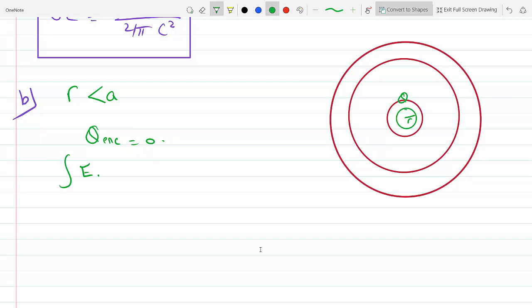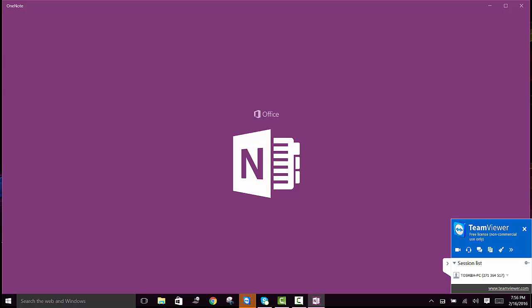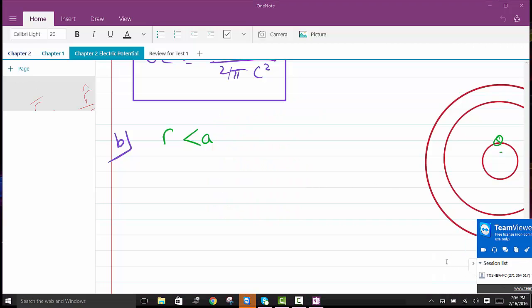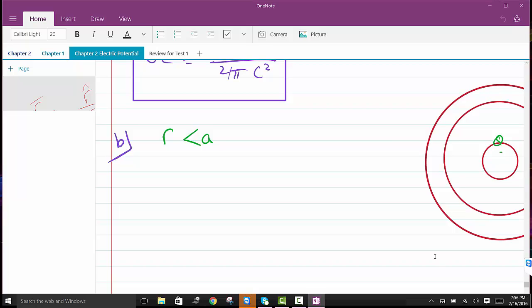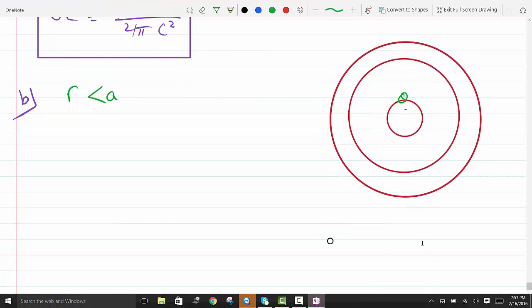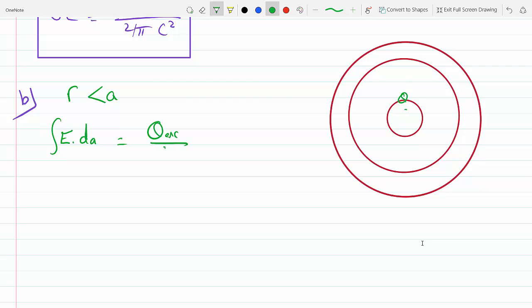Gauss's law says EdA equals Q enclosed over epsilon.